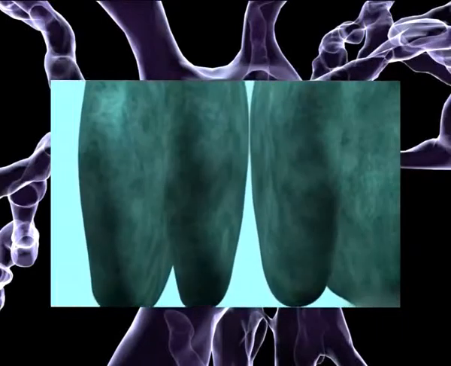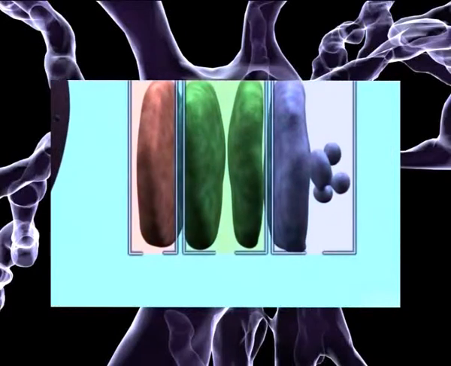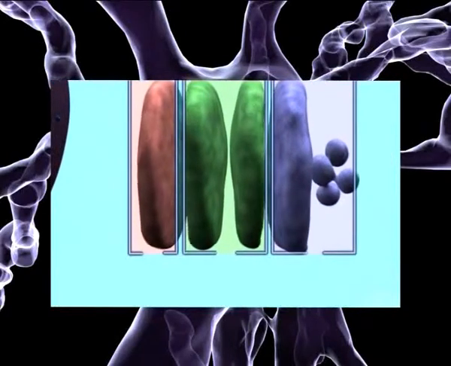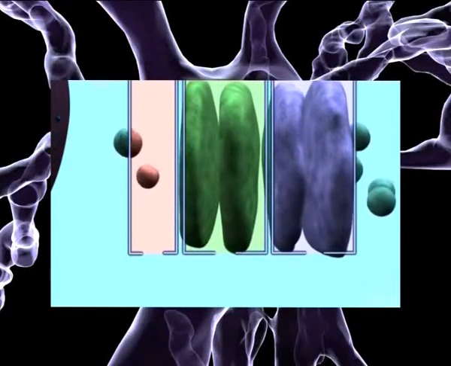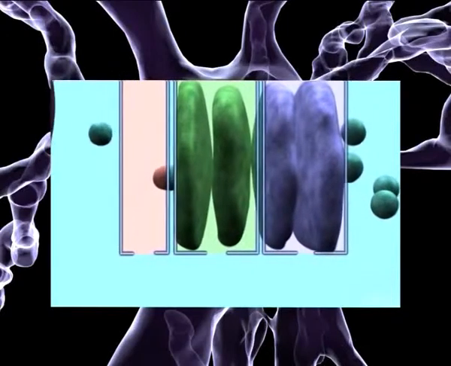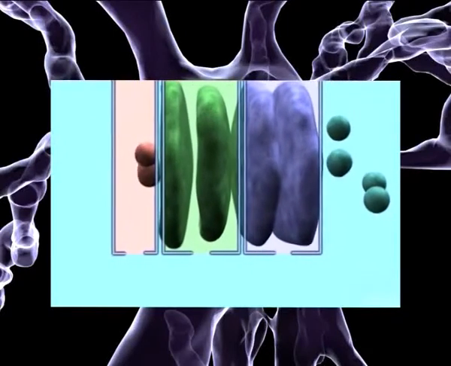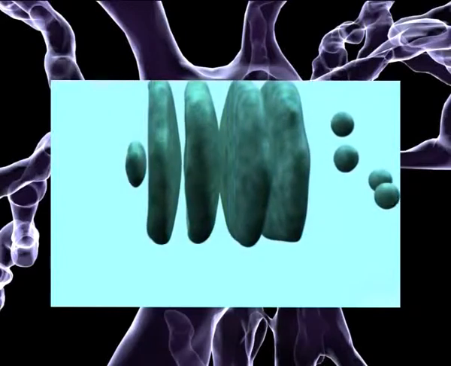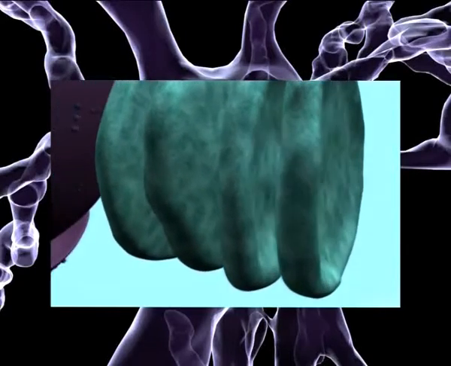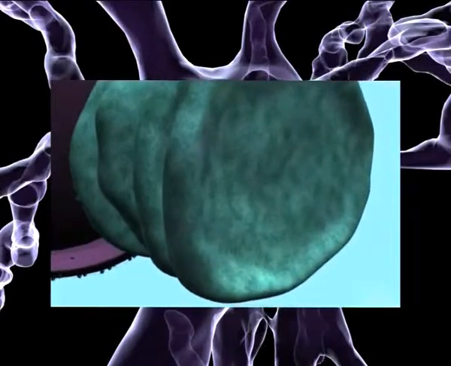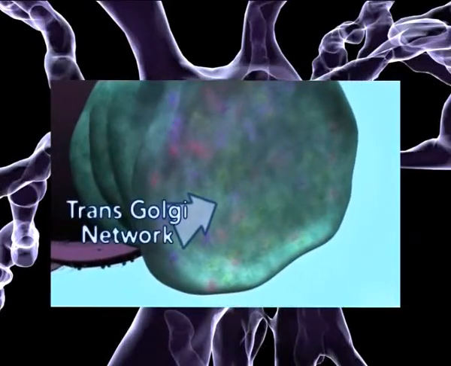The vesicles fuse with the Golgi membranes and release their internally stored molecules into the organelle. Once inside, the compounds are further processed by the Golgi apparatus, which adds molecules or chops tiny pieces off the ends.